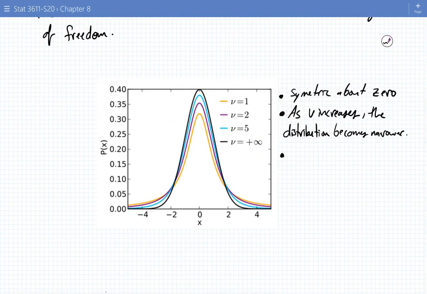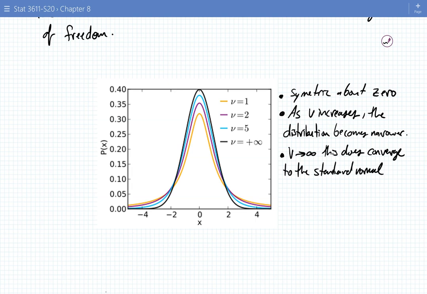But really what's happening here is as v goes to infinity, this does in fact converge to the standard normal distribution.